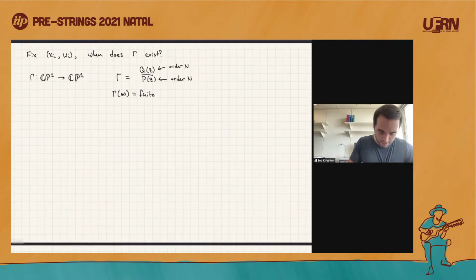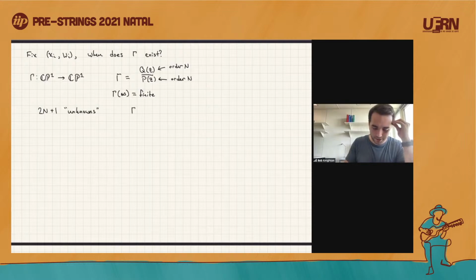And so you essentially have 2n plus 1 unknowns in your construction of the covering map, corresponding to the zeros here, the poles here, and the overall normalization out front.